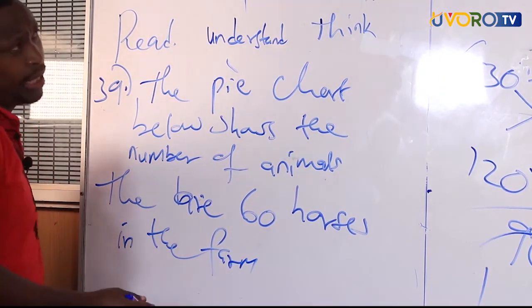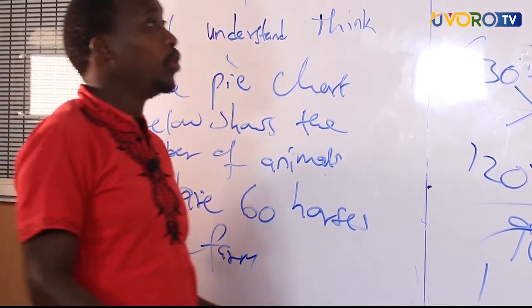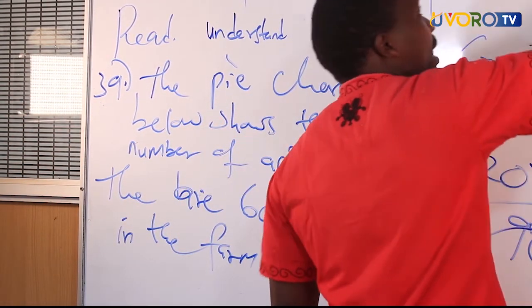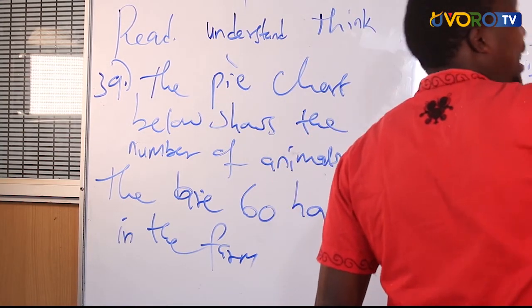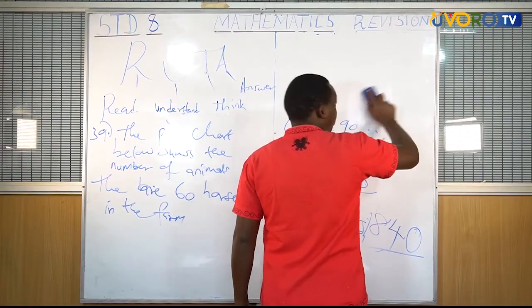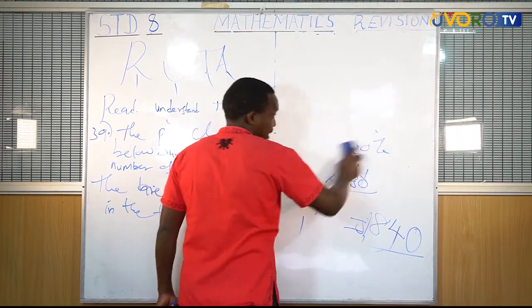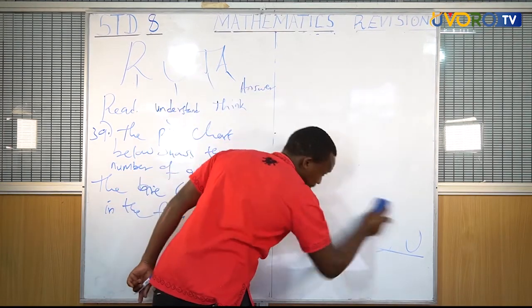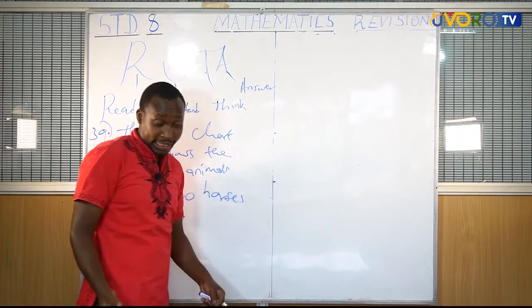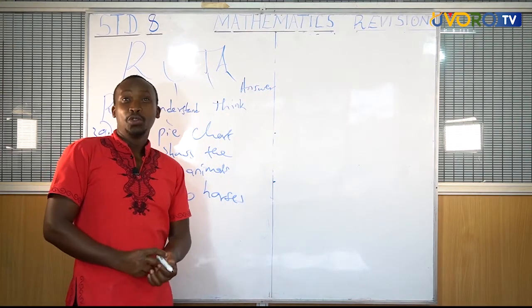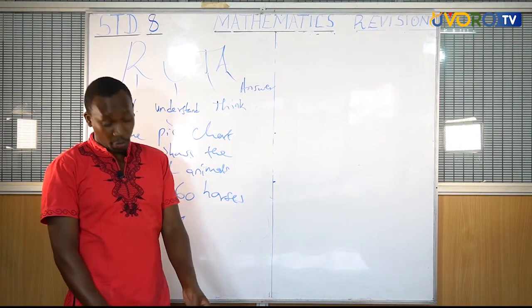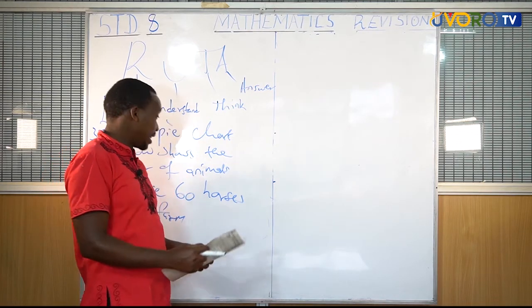Somebody may start going to their farm today to just look for the horses because he or she has heard that in their farm there are horses. I'm sorry to tell you that this is just a mathematics question. So don't rush to look for horses in your farms, because you are not going to find them there.